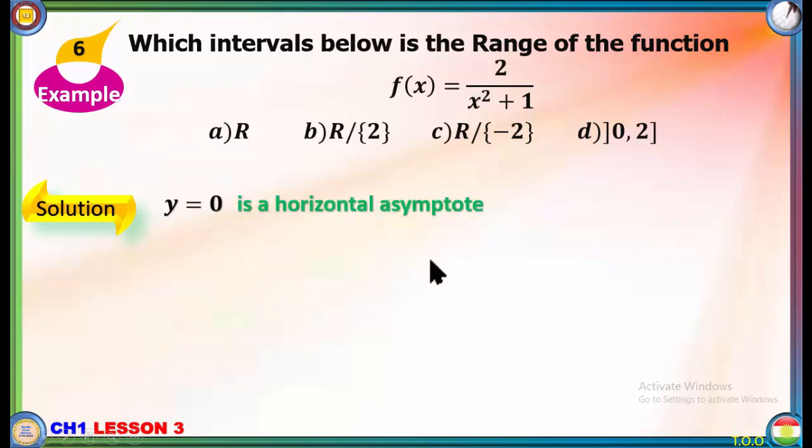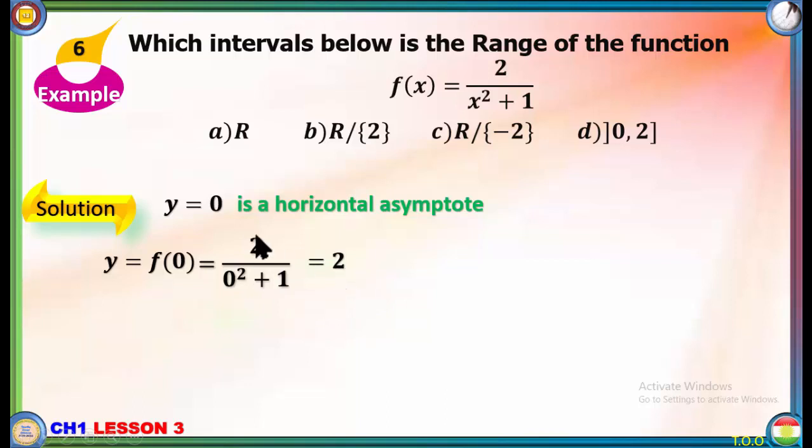And now find another value of y by replacing x equal to 0. Therefore, y is equal f of 0, then 2 over 0 squared plus 1 is equal to 2.